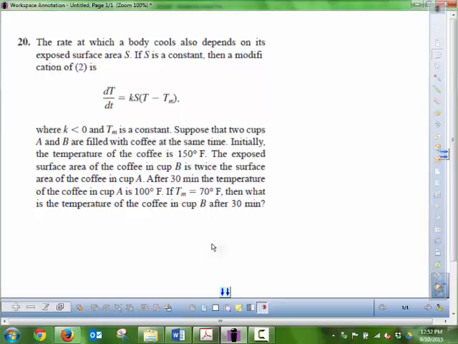The first Newton's law of cooling depends on the exterior body temperature. Maybe this isn't the one I wanted to do. All right, let's see if we can work it out.